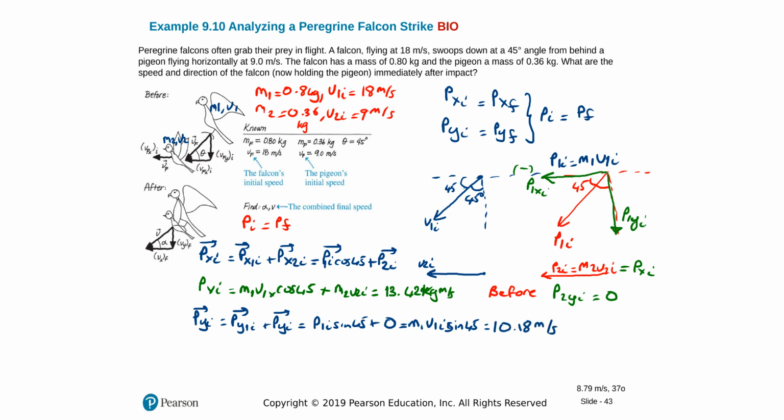Put in all the numbers, you'll get your Py initial as 10.18 kilogram meters per second. And y is down, only x is left, so I'm going to draw a symbolic picture of this. So here is our Px initial, that's equal to, we found to be 13.42 kilogram meters per second. This is our Py initial, 10.18.